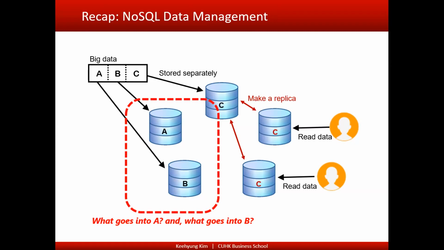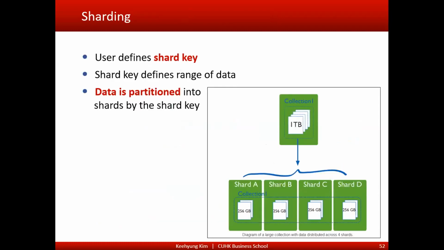When we decide which part of a collection should be saved in which server, we determine it based on the shard key. As a developer or database manager, you have to determine which field will be used as the shard key, and based on the value of that field, it will be determined which document is saved on which server.